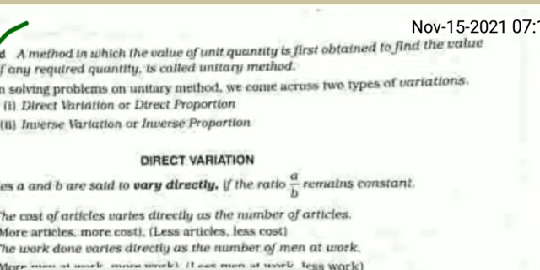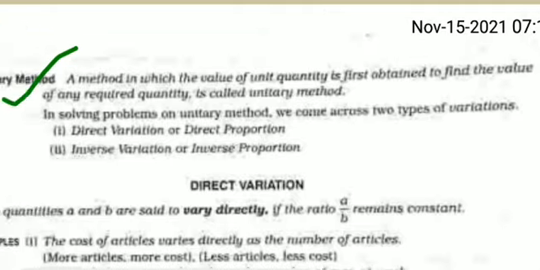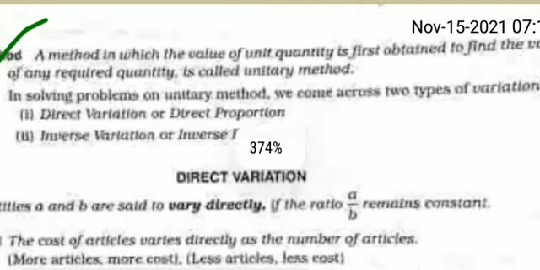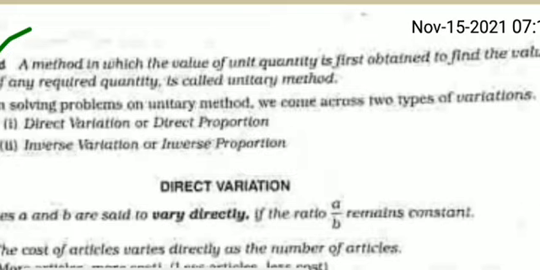Therefore, the cost of 1 pen, that means the unit value of 1 pen, is equal to 2 rupees. So the cost of 20 pens is equal to 2 into 20. That means more pens, the value also more. So 20 into 2, that means 40 rupees. Okay. So that's why the definition tells this. Hope that you have understood.